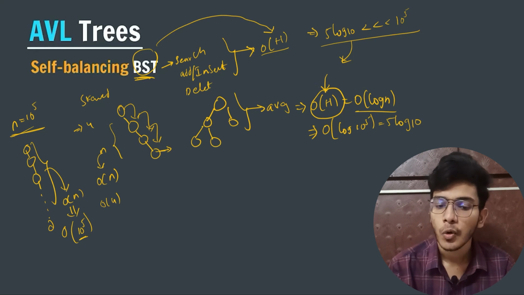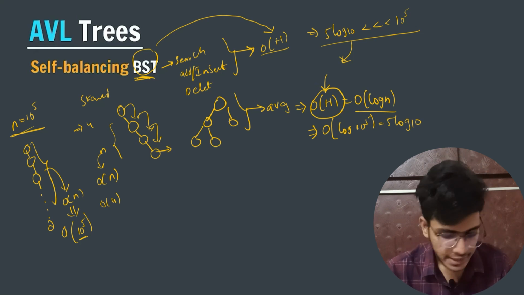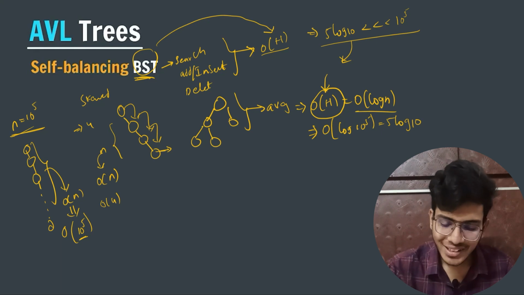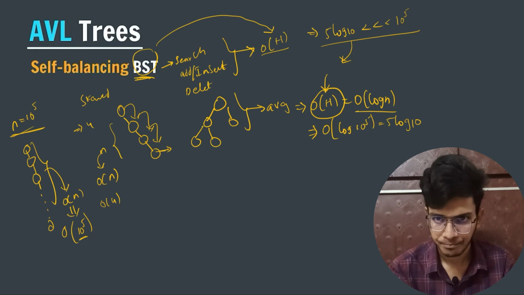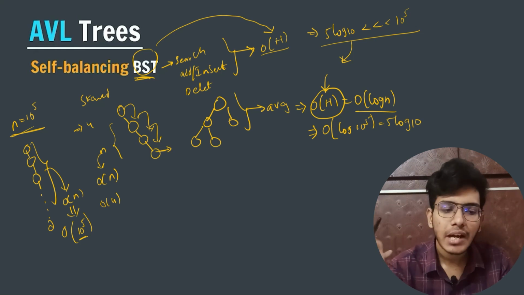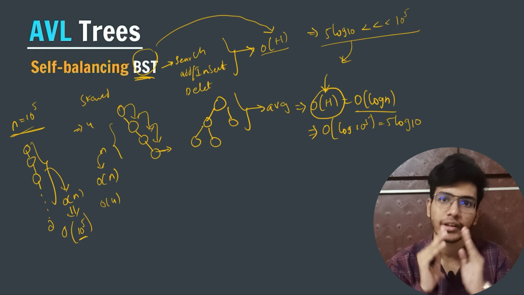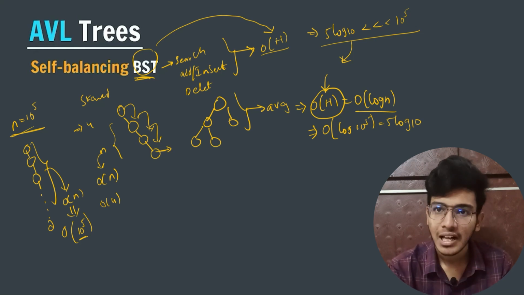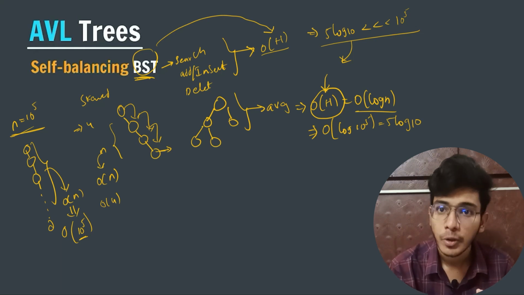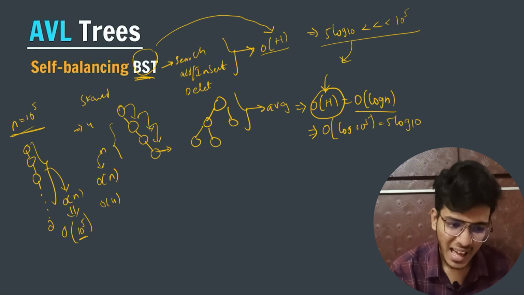That is why, in order to make the BST efficient, we always try to make our BST a balanced one. And this is why we have introduced the concept of AVL trees. I hope you have understood what is an AVL tree, what is a balanced BST, and why we need a balanced BST.